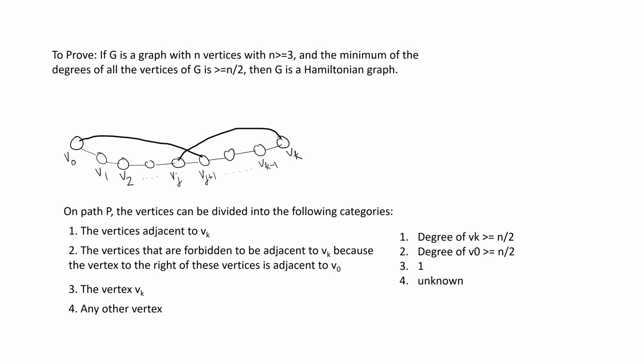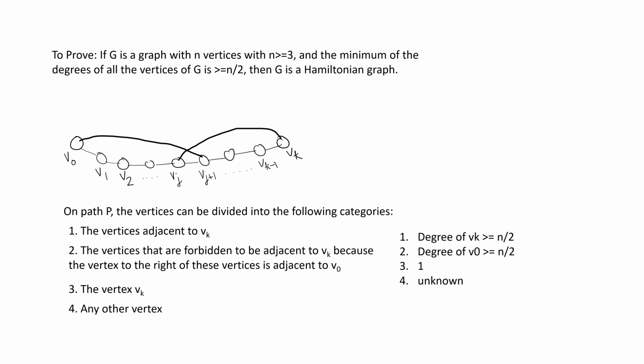So if any vertex Vj plus 1 is adjacent to V0, then Vj will be forbidden to be adjacent to Vk. There will be a lot of such vertices. 3, the vertex Vk itself. And the fourth one is any other vertex.